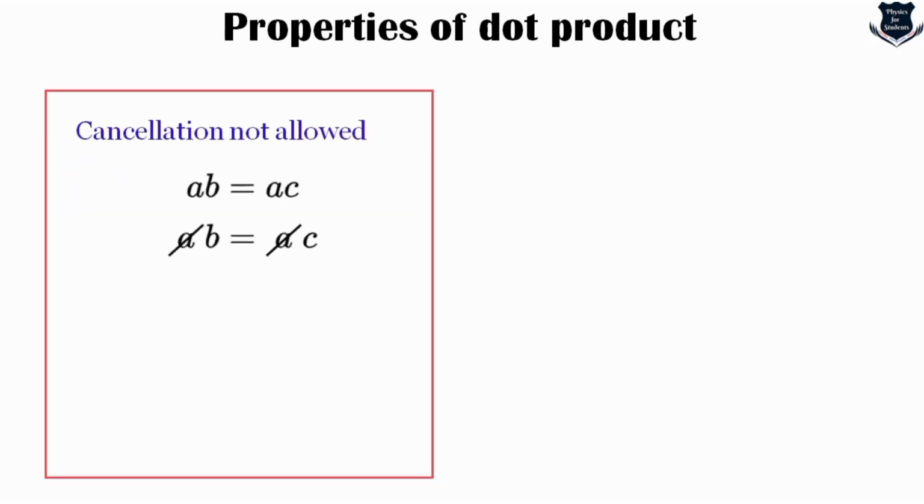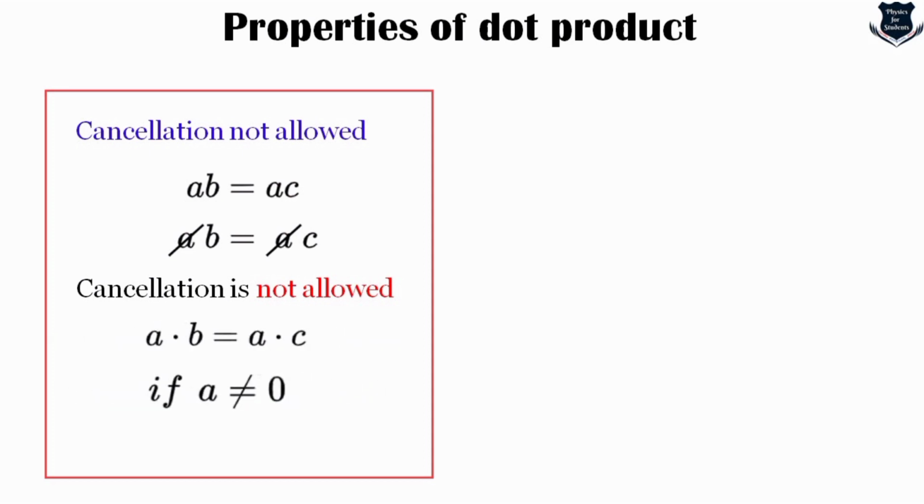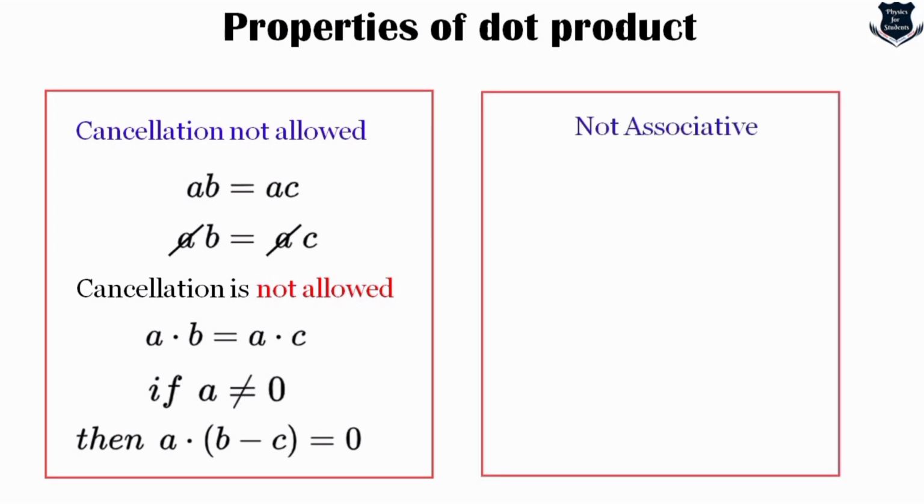So it will be just a quick recap. A few more are left. If we say A·B equals A·C, then in general we would cancel out A and get B equals C. This is not the case. Cancellation is not allowed in the case of the dot product. This is the rule, and we can write this equals 0. It is also not associative.